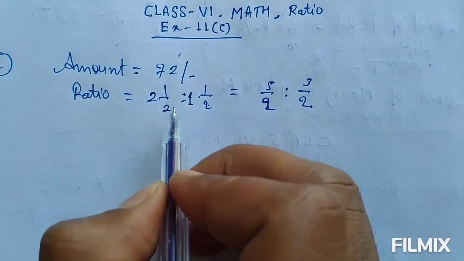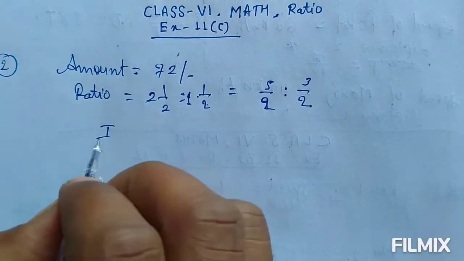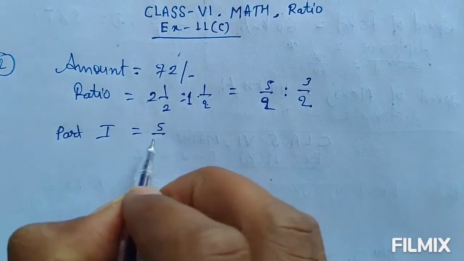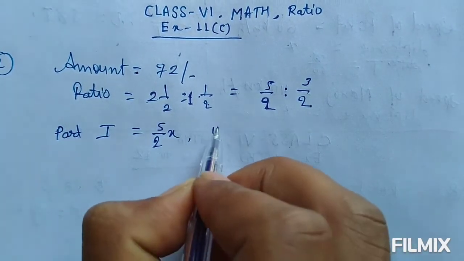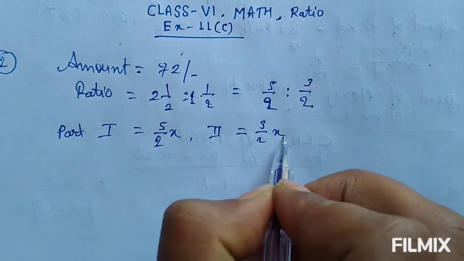This is the complete value, 72. So add them. The first part equals 5/2x and the second part equals 3/2x.